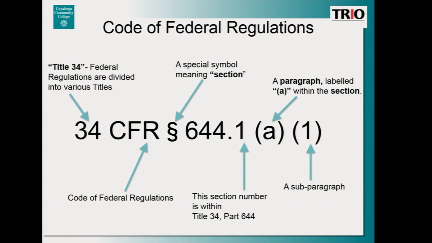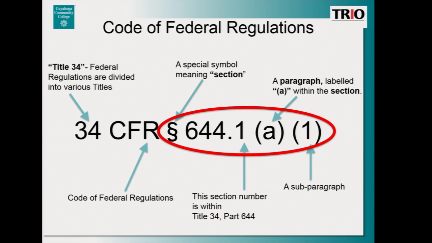Each part may be subdivided into subparts. However, all parts are organized in sections. Most citations in the Code of Federal Regulations refer to material at the section level, though. You'll notice that the special symbol before 644 means section.